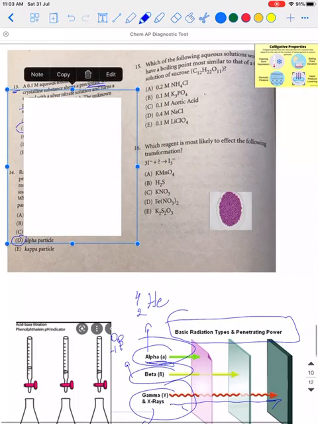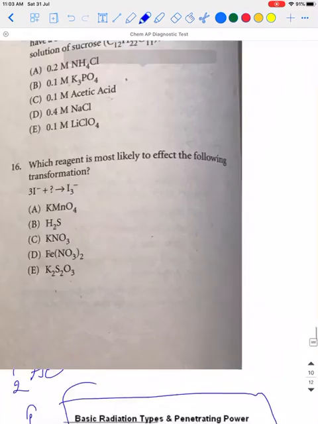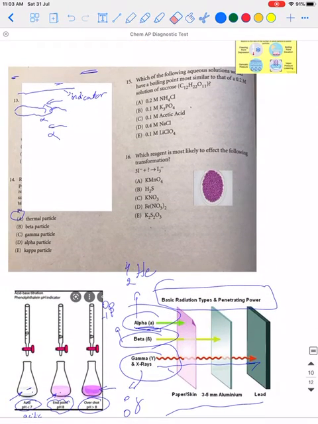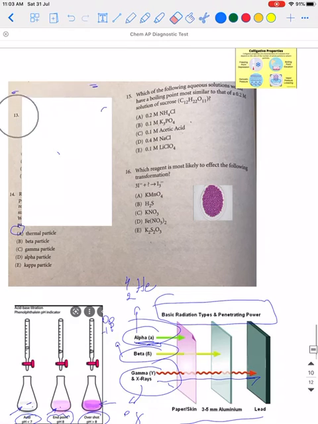Now, which of the following aqueous solutions would have a boiling point most similar to that of a 0.2 molar solution of sucrose? This has to do with colligative properties. To solve this problem, we have to be aware of colligative properties.